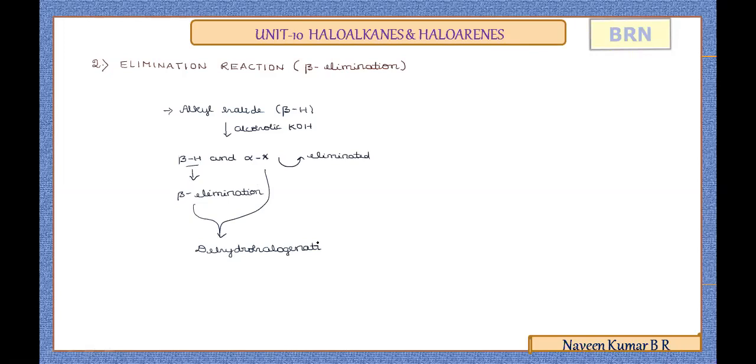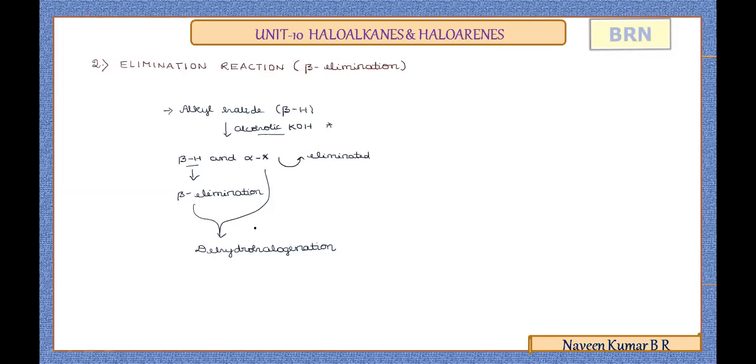Here, de stands for the removal. Along with the hydrogen and halogen, the removal takes place, and the reaction is called dehydrohalogenation. Alcoholic potash is the reagent used to achieve this beta elimination reaction.